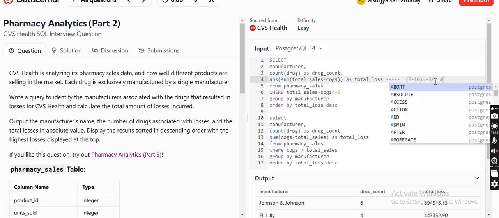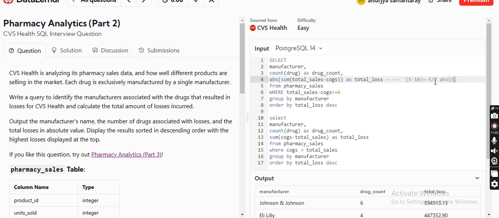But when you use ABS of 5 minus 10, your answer will come as 5. So ABS rectifies the negative and converts it back to positive, giving the absolute value without the sign. And in the where clause we have mentioned the same thing: total sales minus COGS is less than or equal to 0. Minus 5 is always less than or equal to 0, so this condition was satisfied.